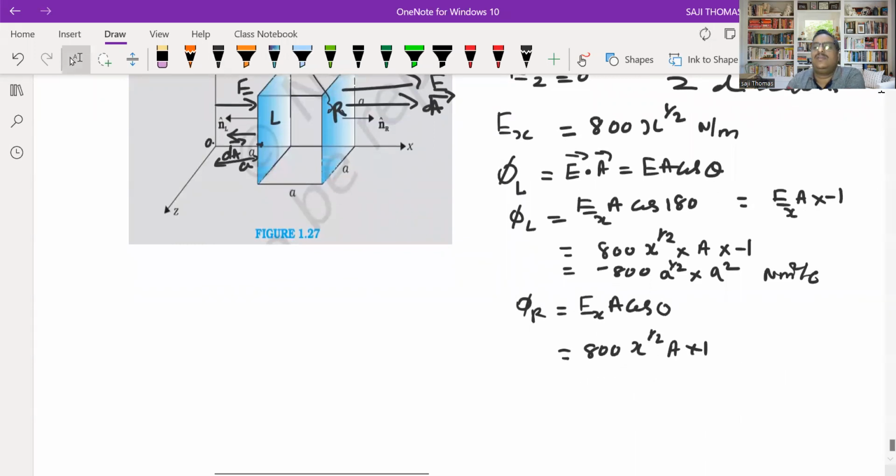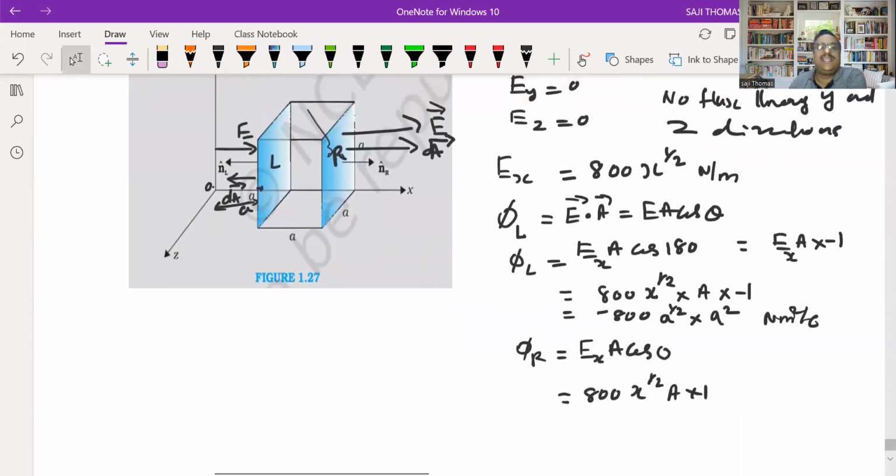Now, look at the figure. What is the x coordinate for the second face, the right face? From the origin to the second face, the distance is A plus A, which is 2A. The length of the face is A, and the first face is at a distance A from the origin.